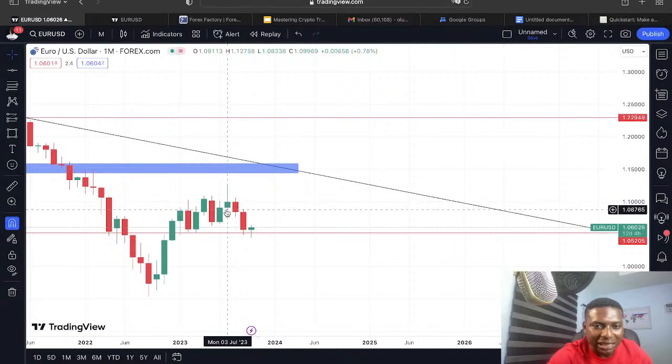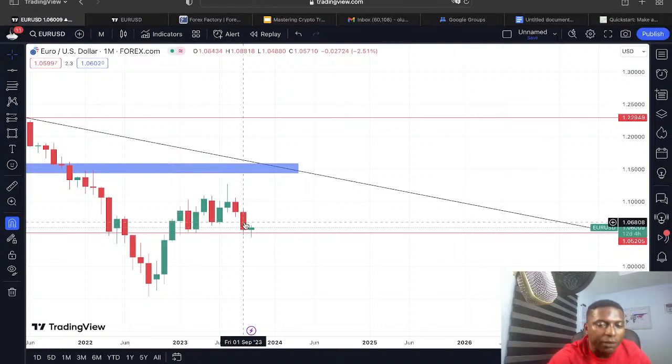And we can see that after July had a bearish pin bar, which is the inverted hammer, the following month, which is August, was bearish all throughout. And the following month after August was September, which was equally bearish.